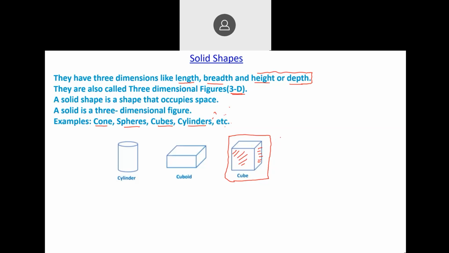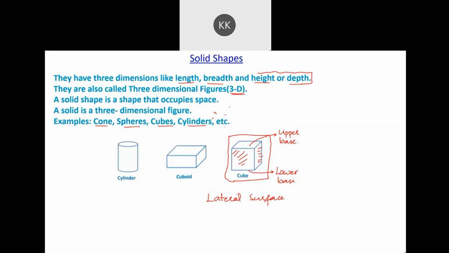So whenever we place any three-dimensional object, it will be having a bottom. This bottom is called a lower base, and this top surface is called an upper base. Apart from this upper and lower bases, there are other sides also. These other sides are called lateral surfaces.